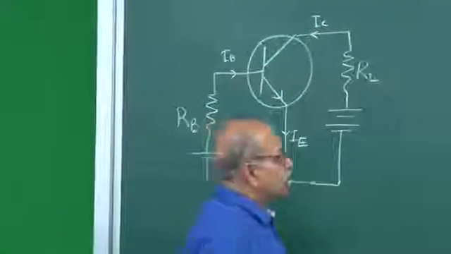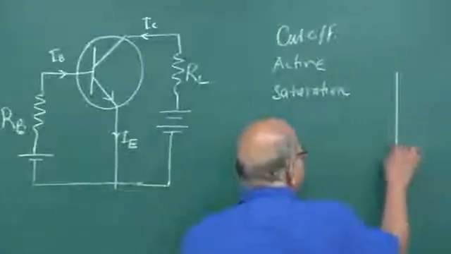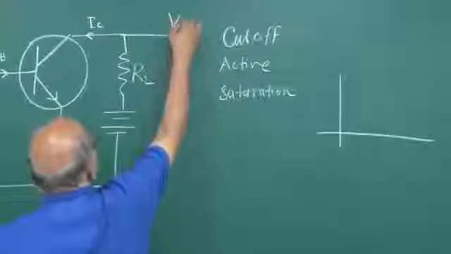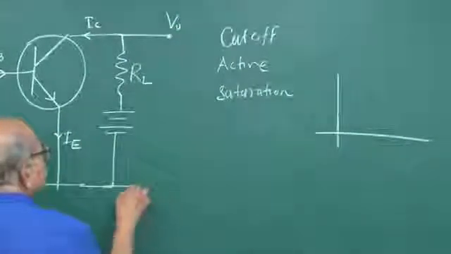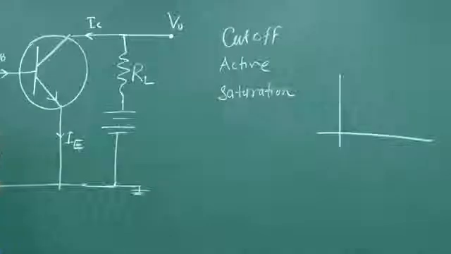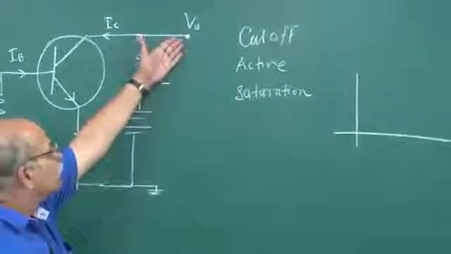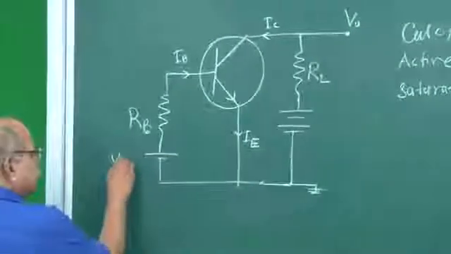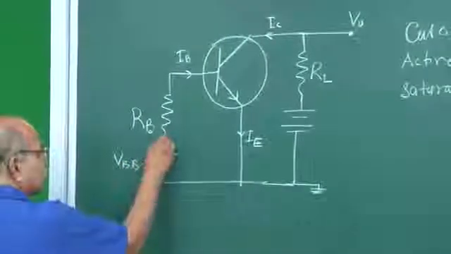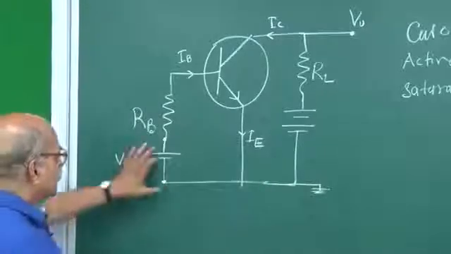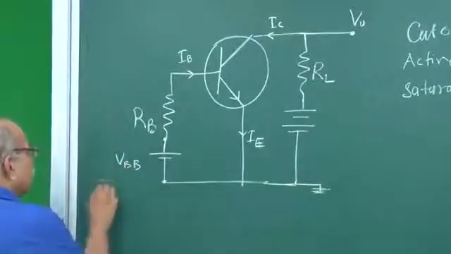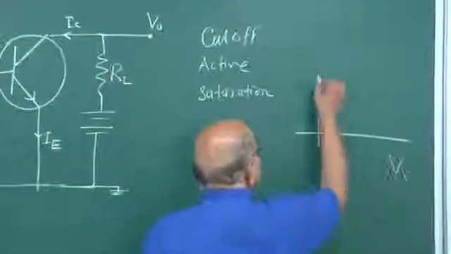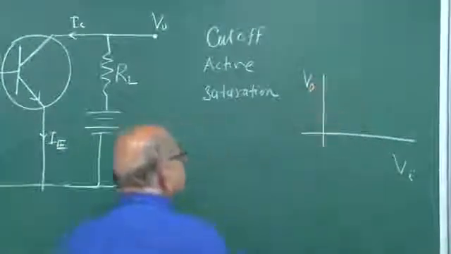So, if you draw a graph of say output voltage, this is our output voltage VO, this is 0 voltage ground which we call. So, if you draw graph between this output voltage here and this input voltage here that you are applying, VBB, which you can call VI input volt. So, if you plot this graph here, what happens?